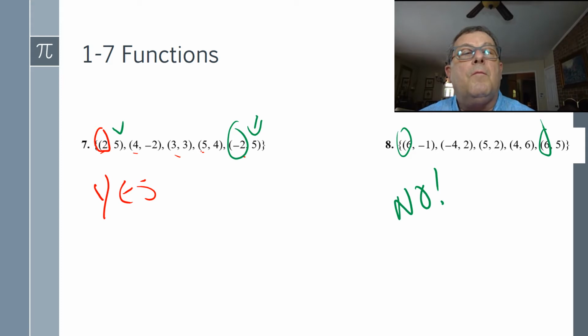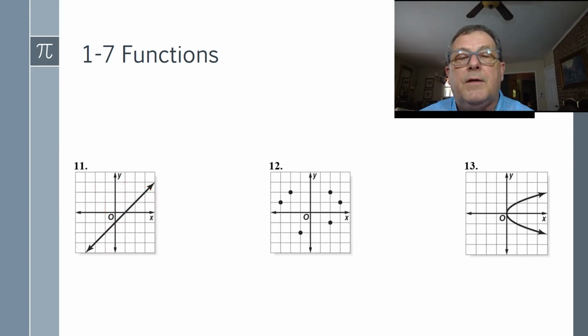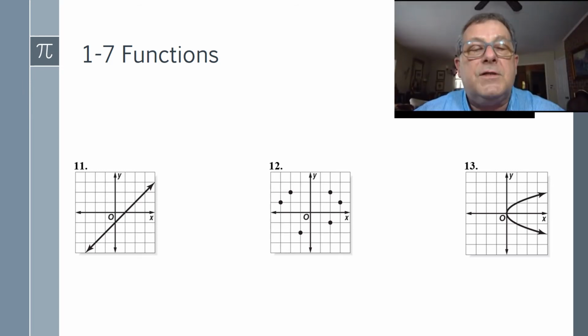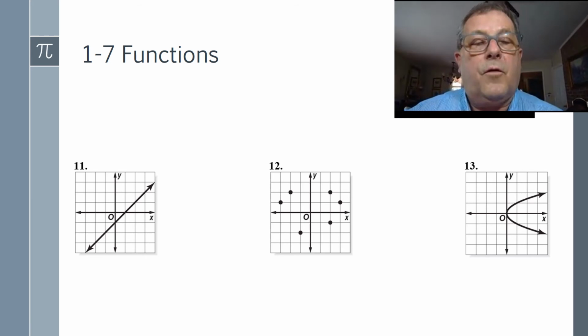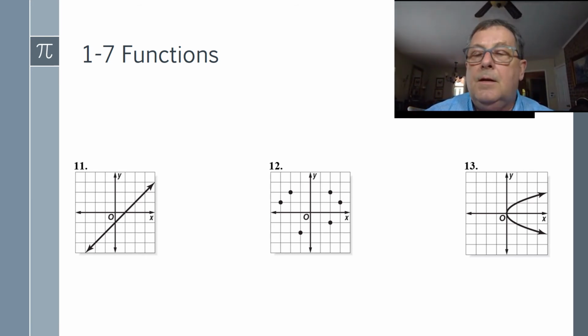Now let's look at one more situation. I believe it is where we've got graphs. Now, when we've got graphs, we can apply what is called the vertical line test.